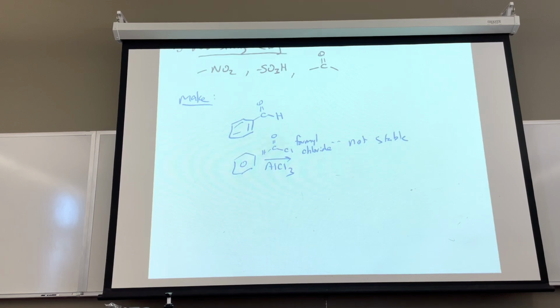So the way we do this, I'm going to call this 4C. It's technically a Friedel-Crafts variant, but it's given its own name after the people who discovered it. But this is called the Gattermann-Koch reaction.